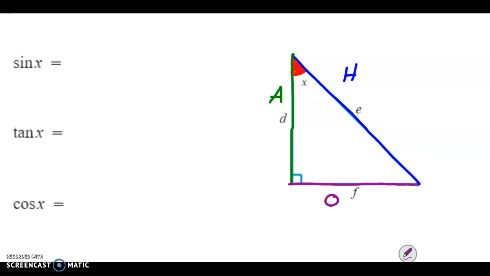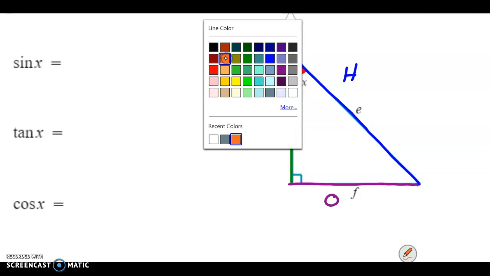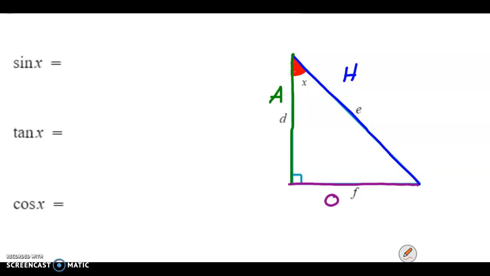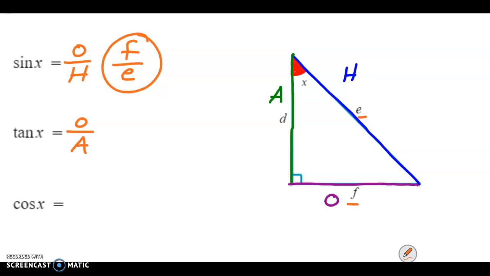So again, sine is going to be SOH, opposite over hypotenuse, which in this case, using your variables, opposite is F over the hypotenuse, which is E. So you're just filling that in as F over E. Tangent, TOA, opposite over adjacent.